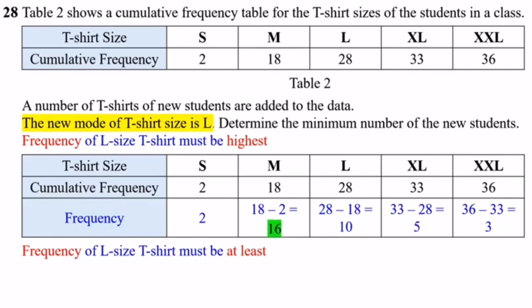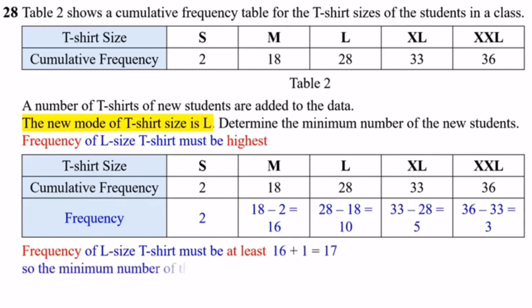So the 10 now should become 17. It must be a minimum number, so we cannot simply give any number. Because the highest was 16, we can only choose 17, one higher than the size M. So now the size L becomes the mode if it is 17.